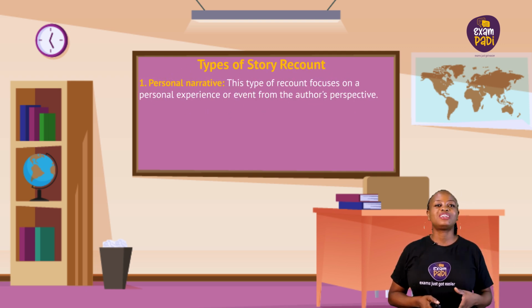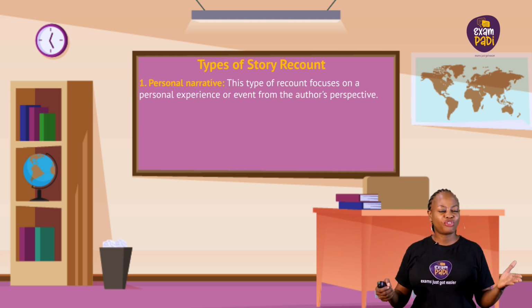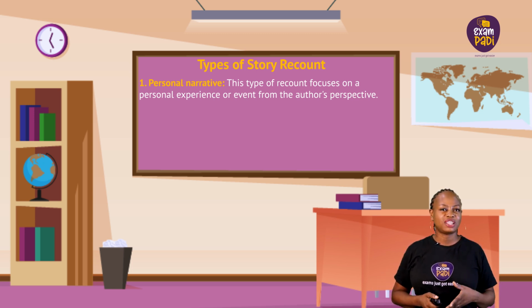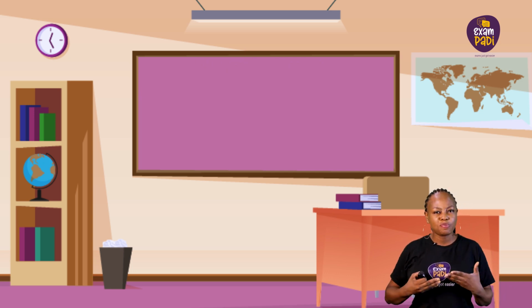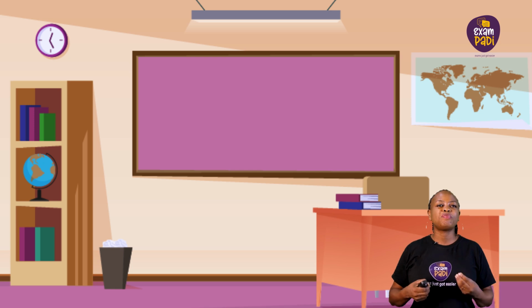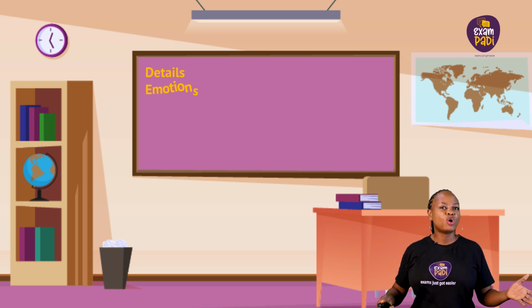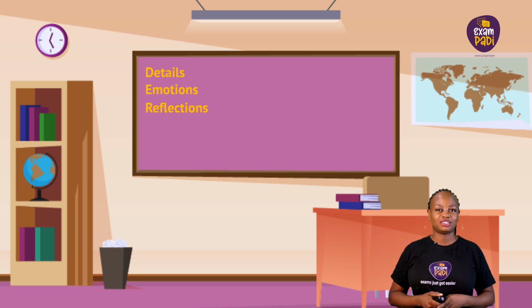1. Personal narrative. This type of recount focuses on a personal experience or event from the author's perspective. It retells activity in which the writer has been personally involved, and it makes use of details, emotions, and reflections.